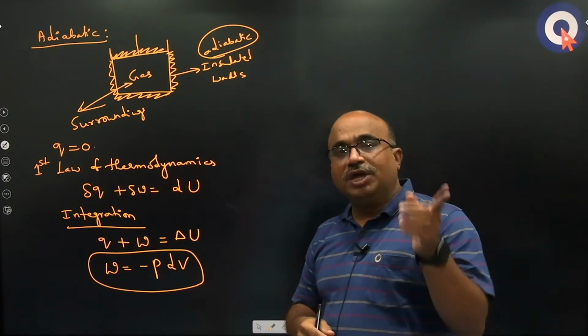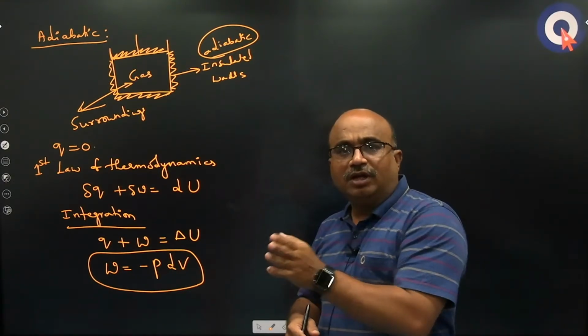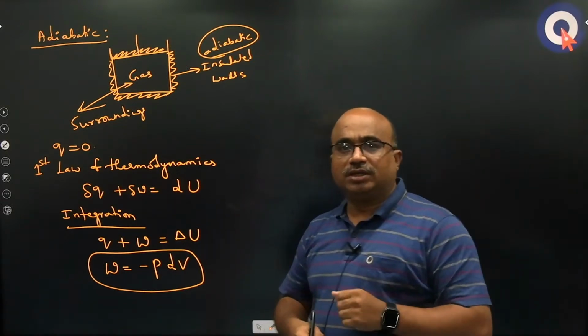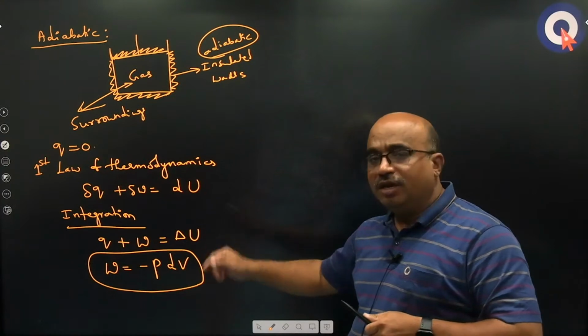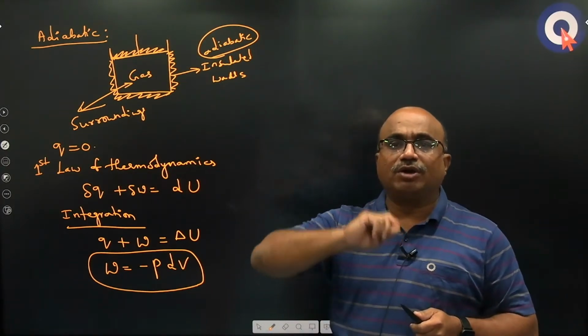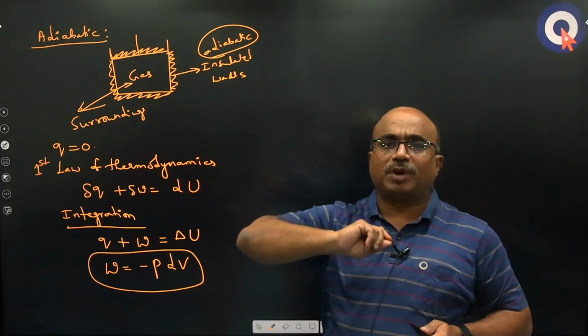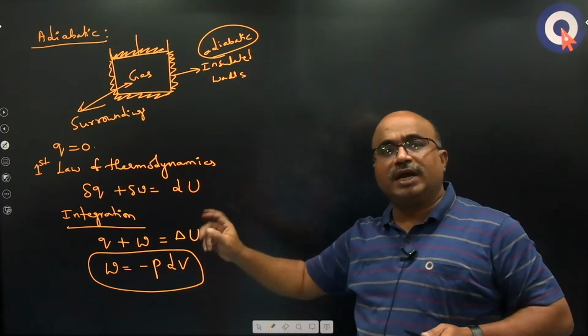That's why, when work is done by the system, there is an expansion, and we get the negative work, because during the expansion, when the differential is dV, the integration goes from V1 to V2, and during the expansion V2 is greater than V1. So we get this work as negative.